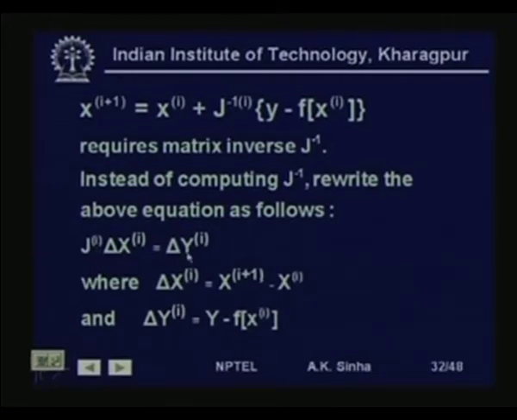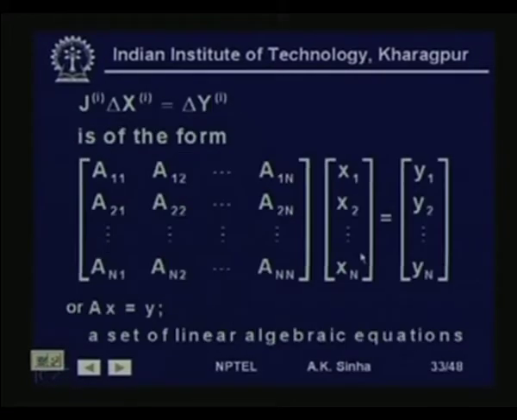Therefore, we can arrange this equation in a different form like this, that is J into delta x is equal to delta y, where this term is delta y and this minus this is delta x. So, J into delta x is equal to delta y, where, as I said, delta x is this term, delta y is this term. So, if we write this, then this matrix is a Jacobian matrix J, which we can write in the form A x is equal to y or A x is equal to b, whatever you say.